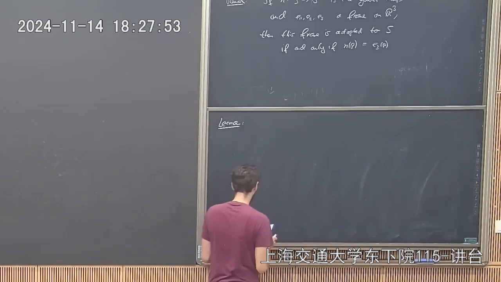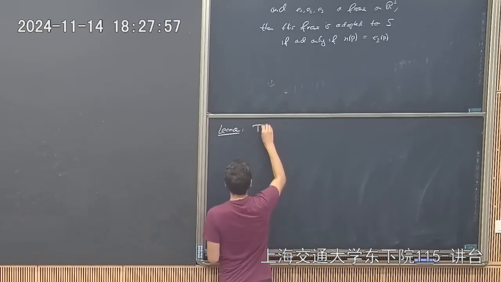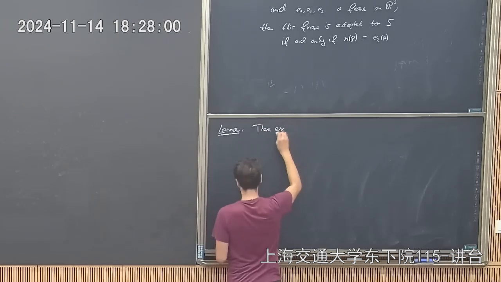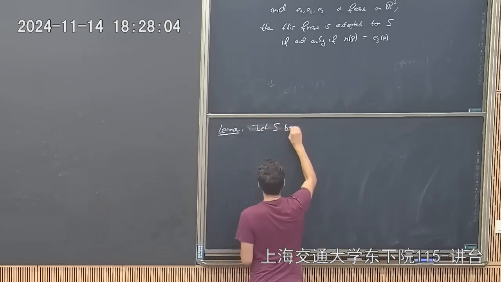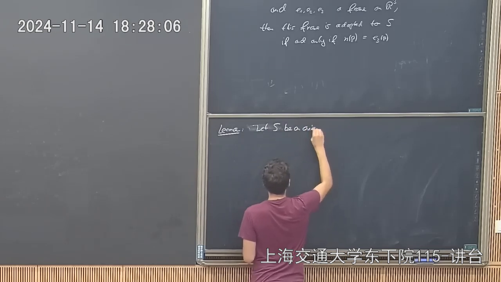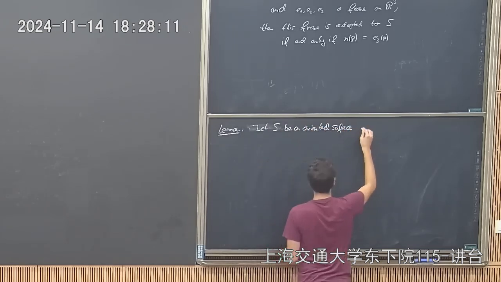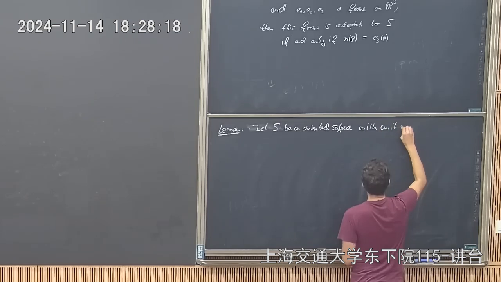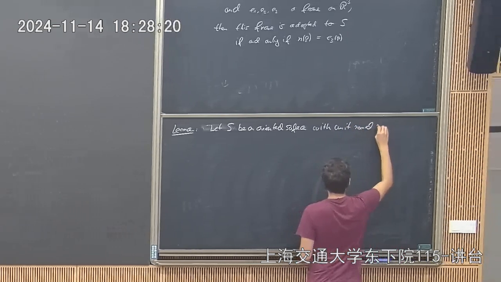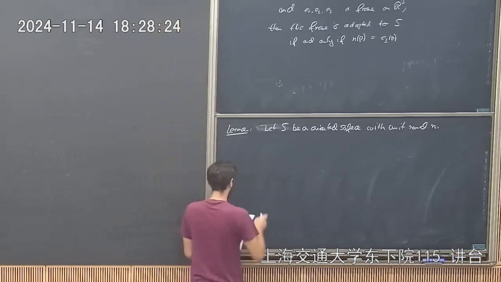We get the following lemma, which is that S is an oriented surface with unit norm n. So that's the Gauss map.